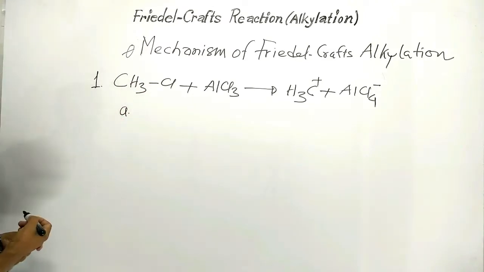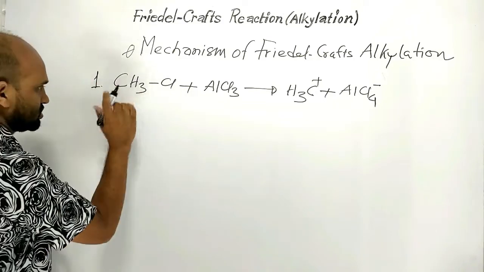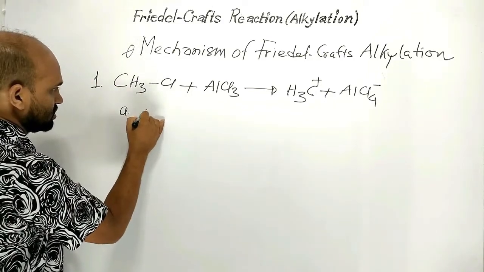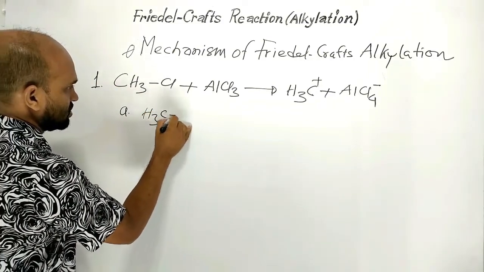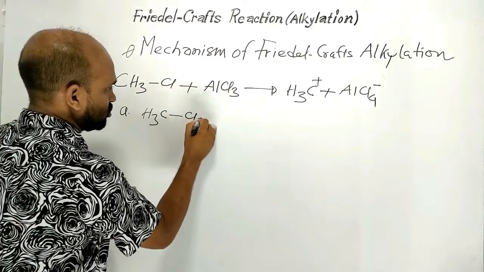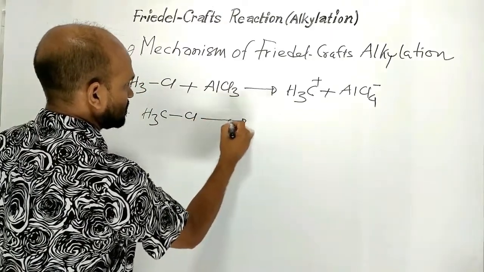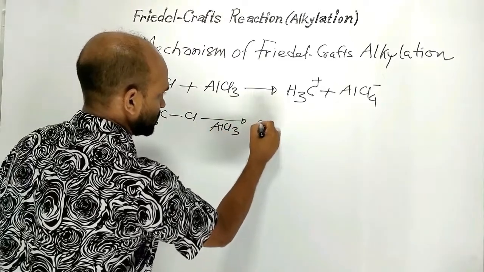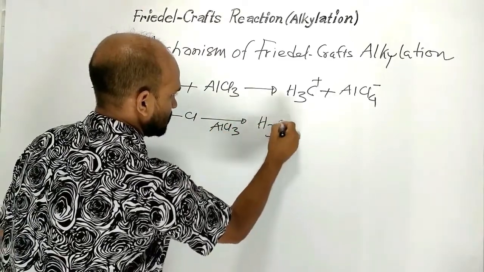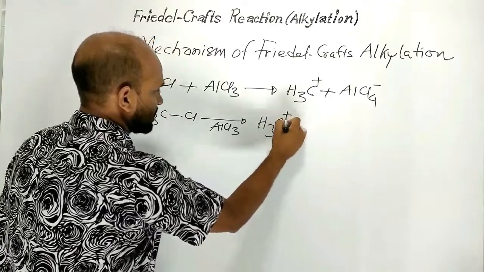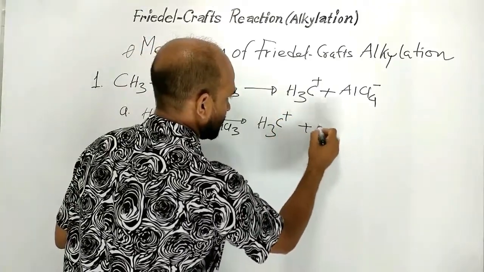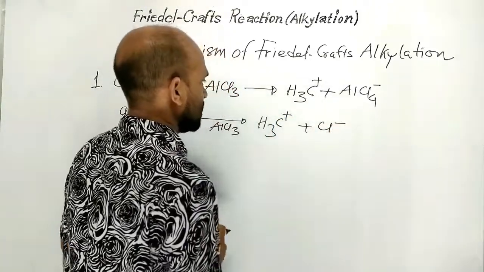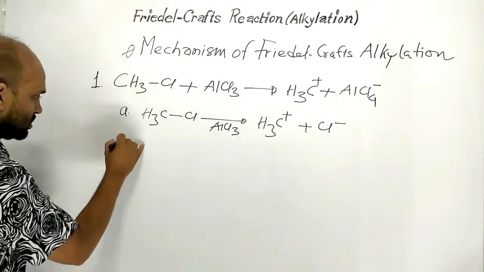Step A. This methyl chloride undergoes a heterolytic fission in presence of anhydrous aluminum chloride in this way. Methyl cation is formed and chloride ion is formed.